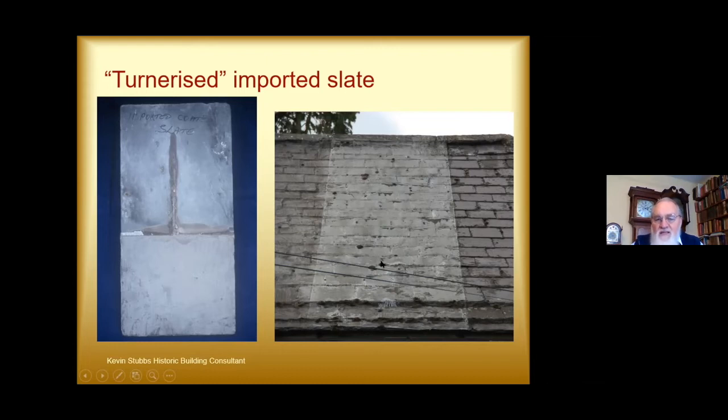Not only was it aesthetically not very pleasing, but it means that the slates are unable to be reused. And this happened a lot with the imported slates to try and continue their performance.